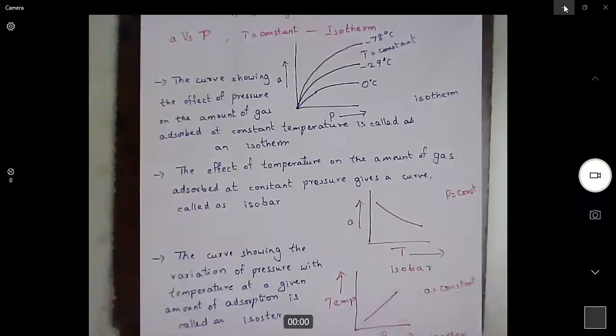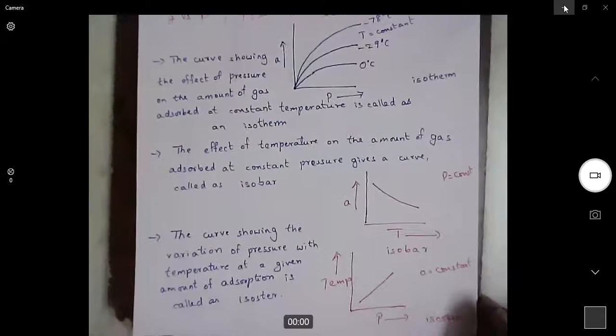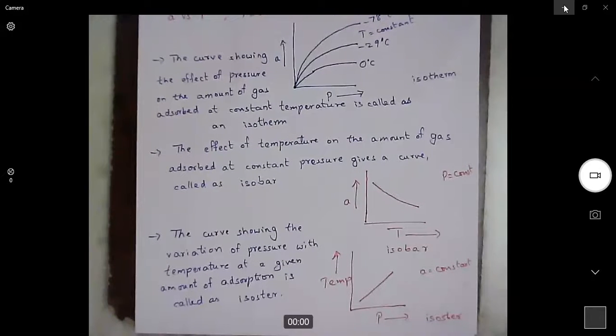When we change pressure and temperature simultaneously, it will balance to some extent, and it gives a straight line graph. So this is isoster.